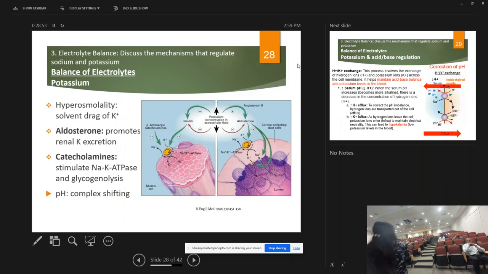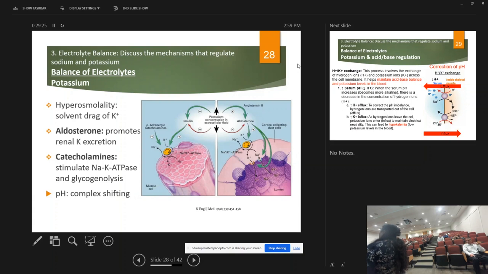There are different mechanisms of doing this. First is the hormonal level, aldosterone. When potassium goes up, through angiotensin II this aldosterone pathway is also stimulated. Once aldosterone is released, it acts on the sodium-potassium pump, as we talked about. 3 sodium goes out and 2 potassium comes in.